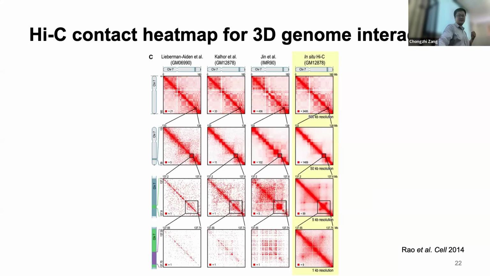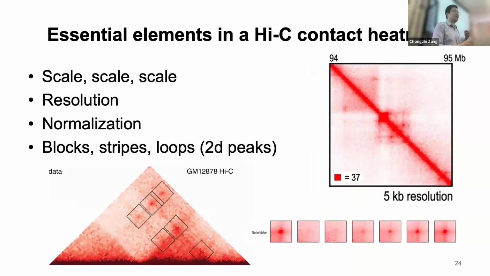For all Hi-C data, for both biological and technical reasons, we can always observe that most signals occur in very local interactions. Biologically, we can imagine that in the chromatin, close-by regions definitely have more chance to interact with each other compared to very distal, far away regions.